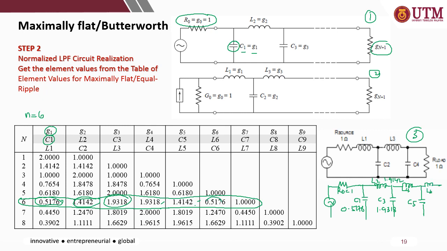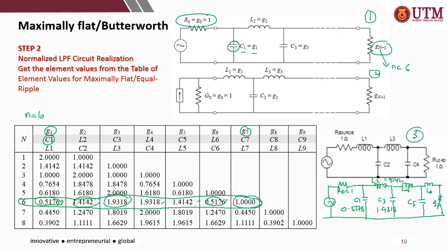This is the L6 value, and the line will be terminated by the load impedance, which is G7, sorry, n plus 1. In this case, if n equal to 6, the last one is G7.